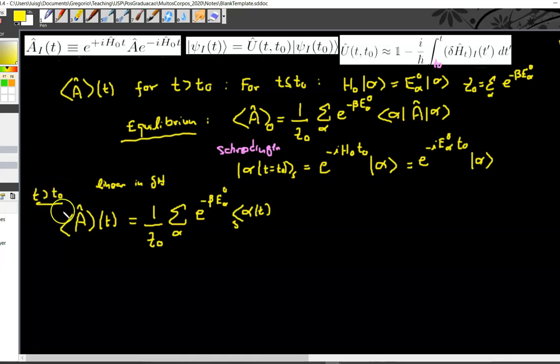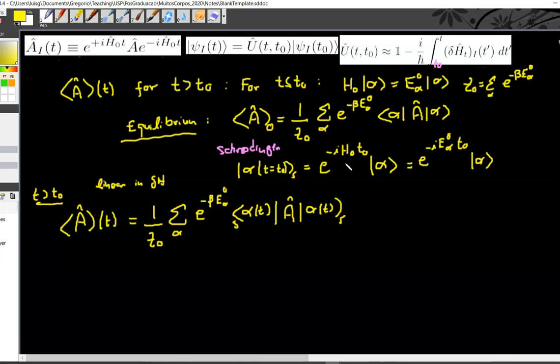So this is for t larger than t naught. That's the effect on the expectation value of A, that now I have this time evolution with this perturbed Hamiltonian, okay? So this is what I want to calculate.